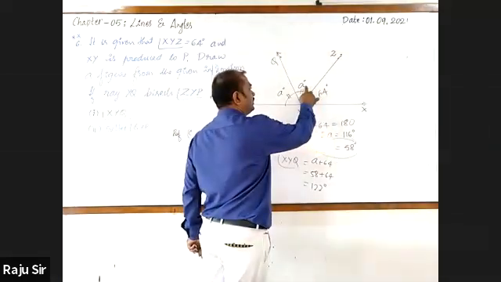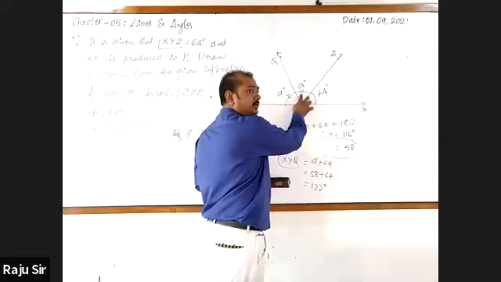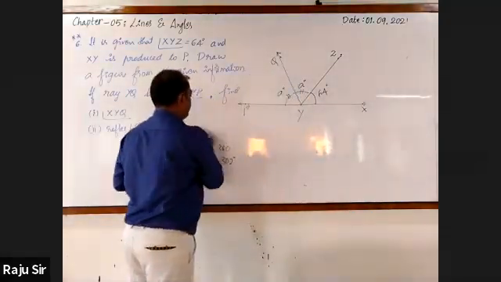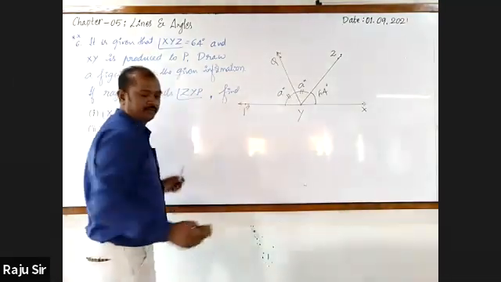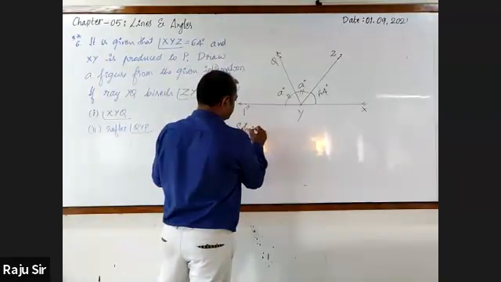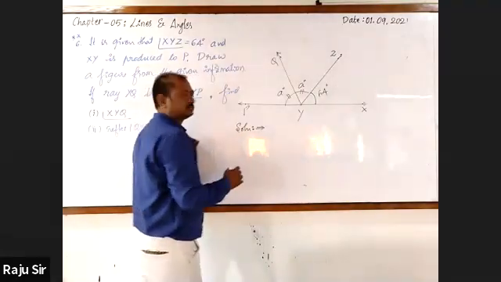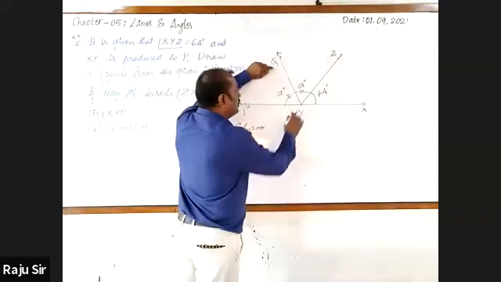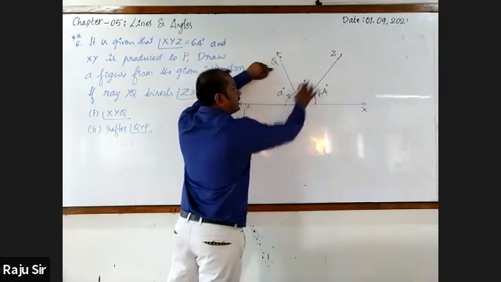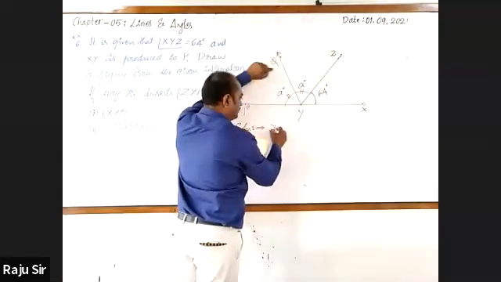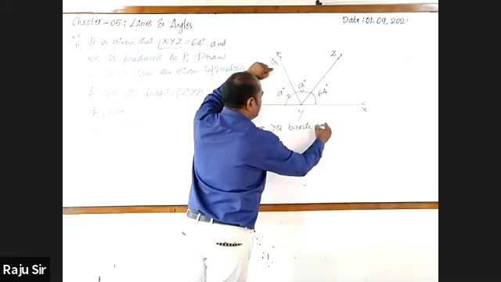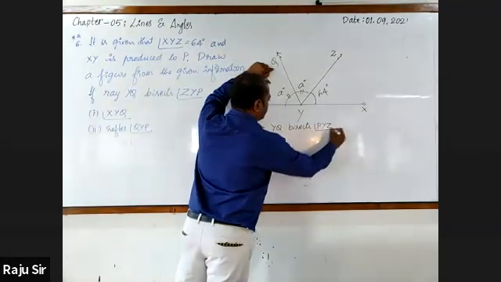Mark 64 degree, A degree, A degree. Now let us go for finding the solution. It has been given that YQ bisects angle PYZ. Right. YQ bisects PYZ.